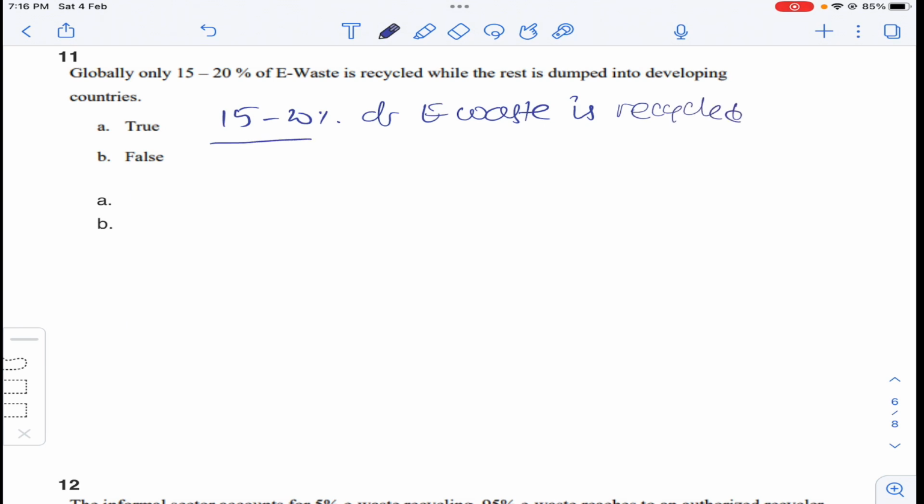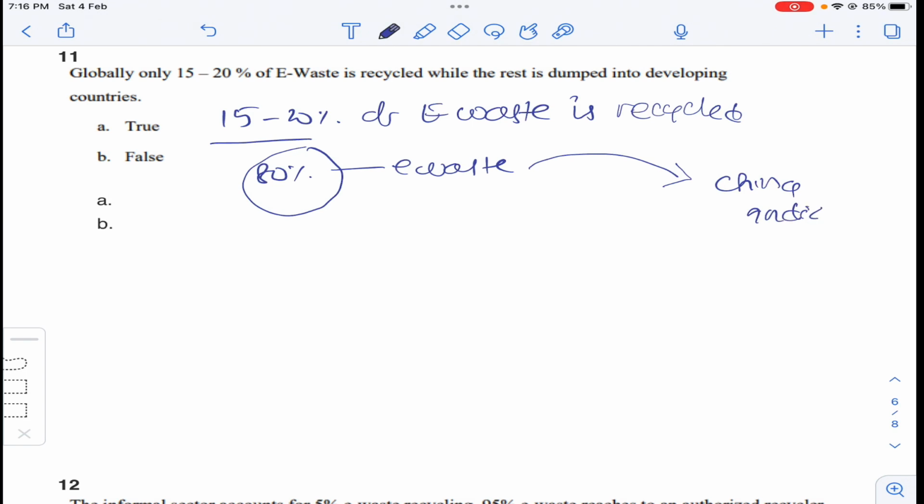And the remaining around 80%, all the developed countries are throwing into developing countries like China, India, Nigeria. Okay, so this is a true statement. Answer A for question 11.